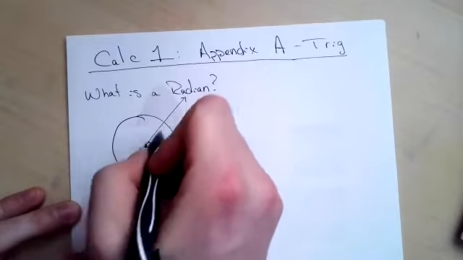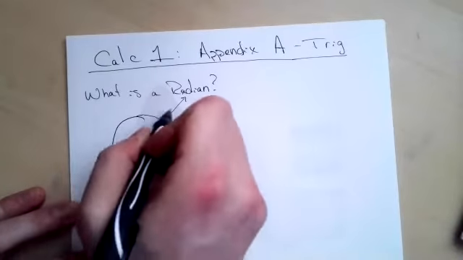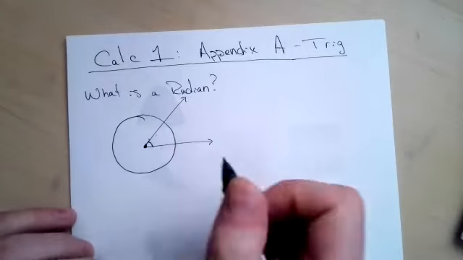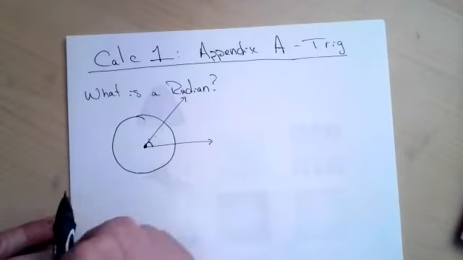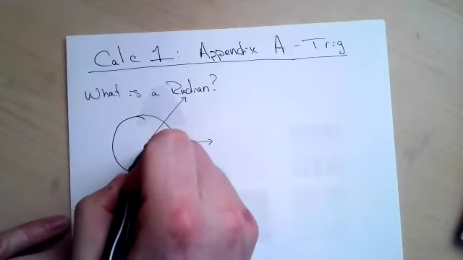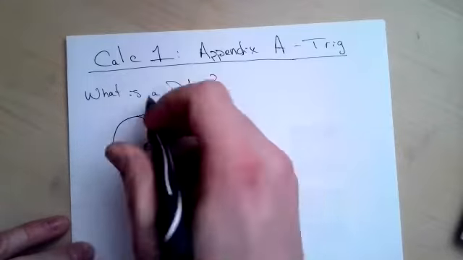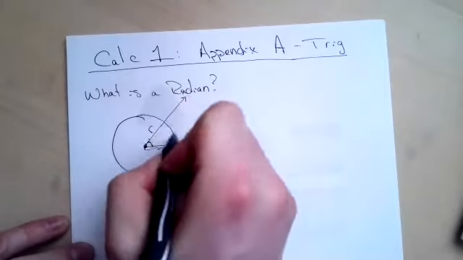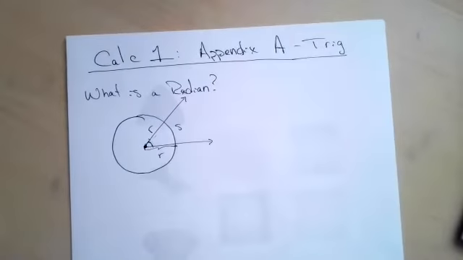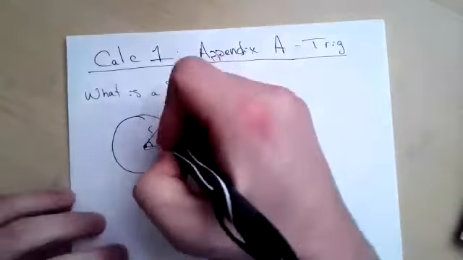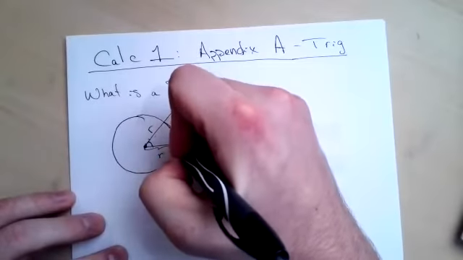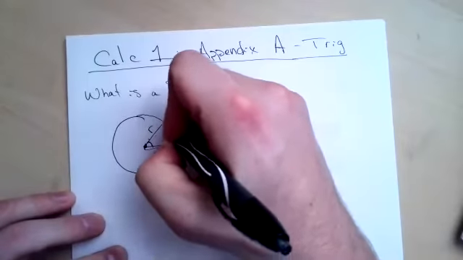Well, for any circle that is drawn with the center at that same vertex of the angles, we can look at the ratio of the radius and the arc length. So our arc length S is going to be the arc length of the circle here.